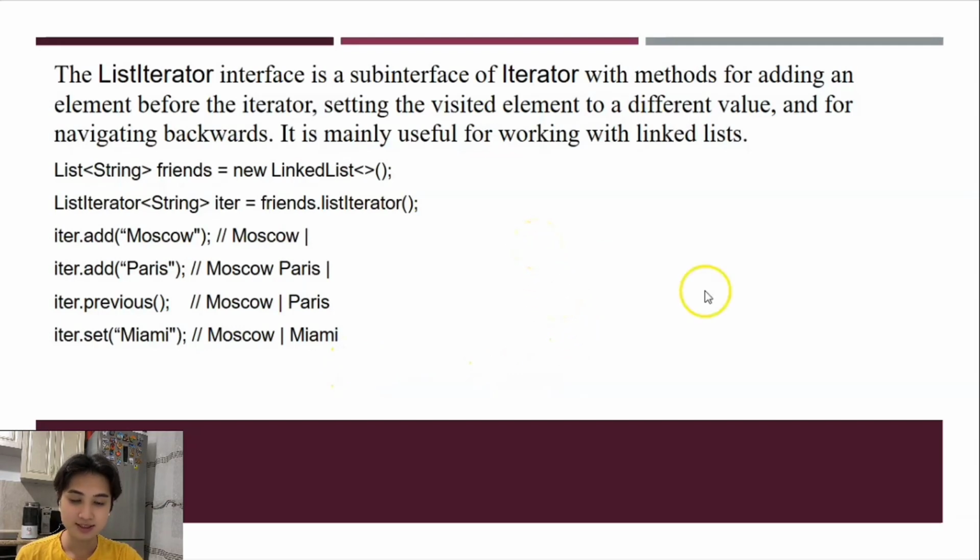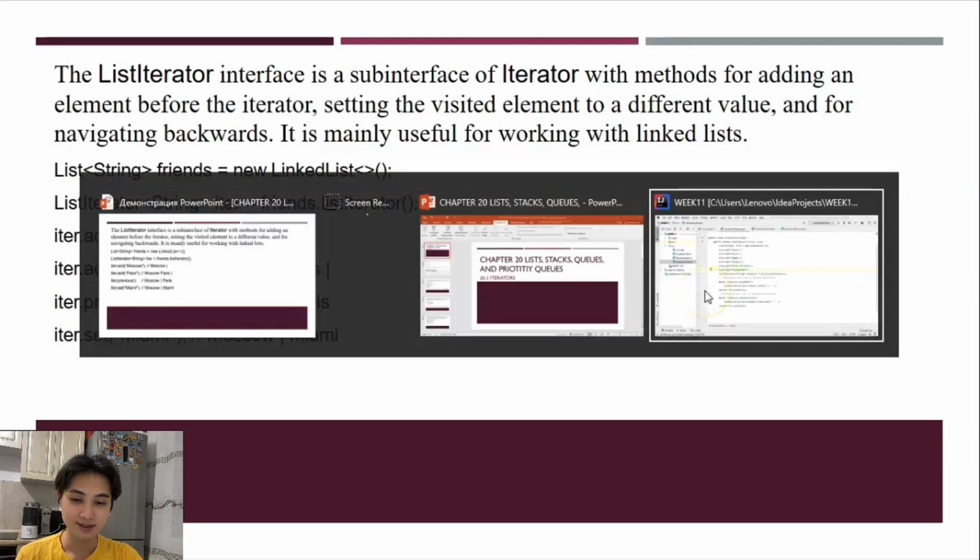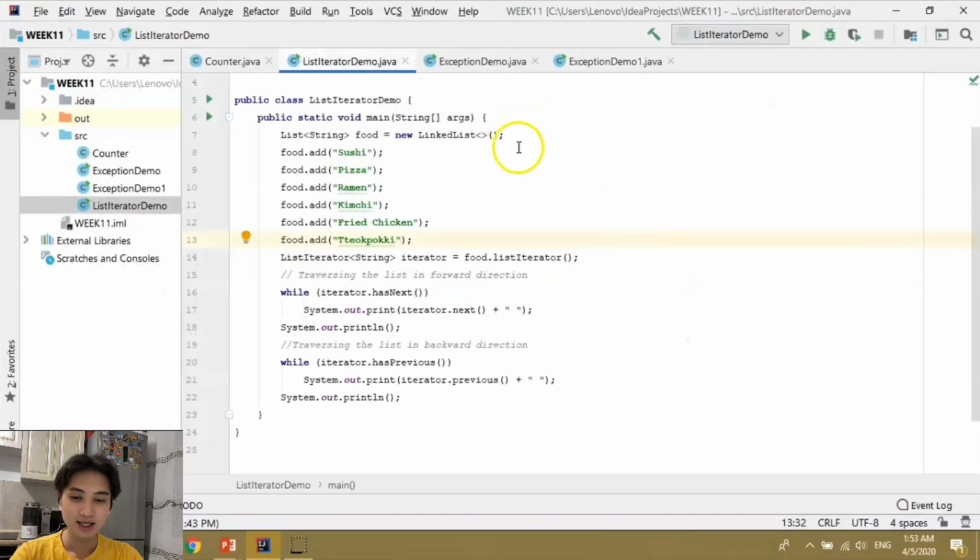So let's consider some example. Here I created a linked list again called food. Here's the list of my favorite food. We call the method listIterator.